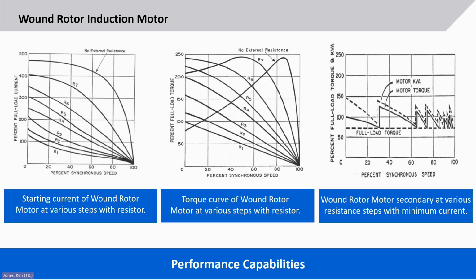Low resistance rotors are better suited for low slip at high loads and high efficiency. And we know that with a wound rotor, it offers the best of both of those worlds.